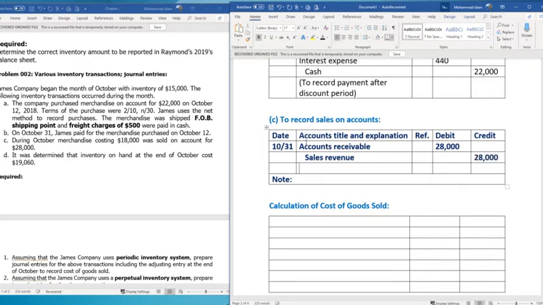This is to record credit sales. And note that no journal entry is required for cost of goods sold. Okay, we are done with this part.